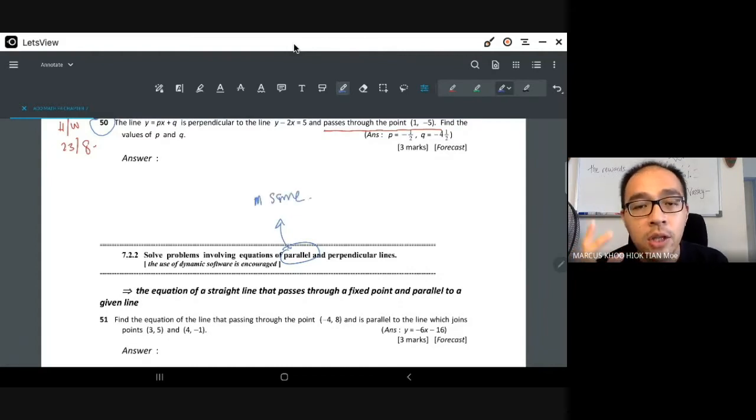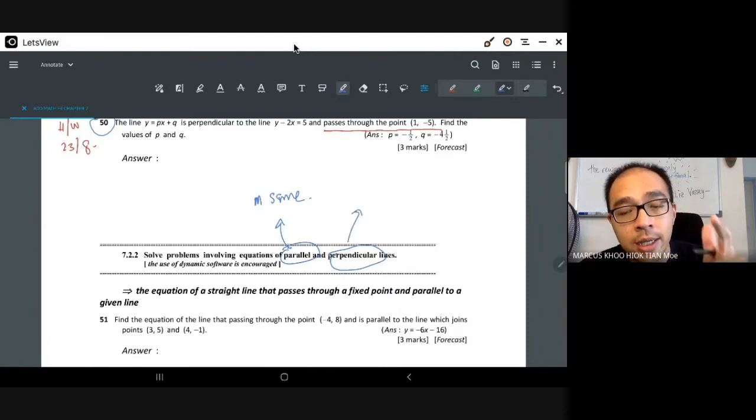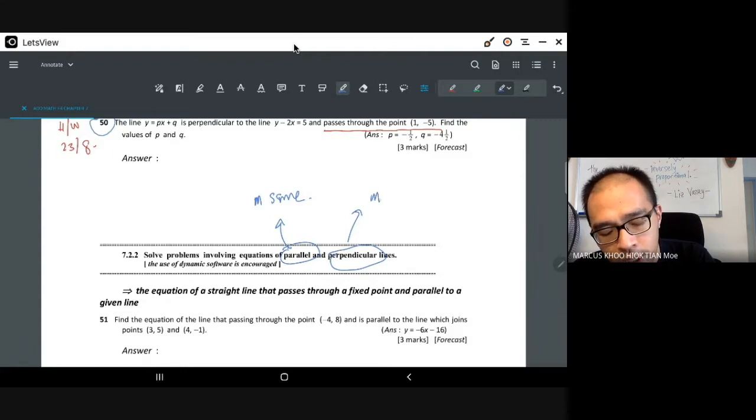But if there are two lines that are perpendicular, we know that the two gradients have a certain relationship, where the first gradient equals -1 over the second gradient.